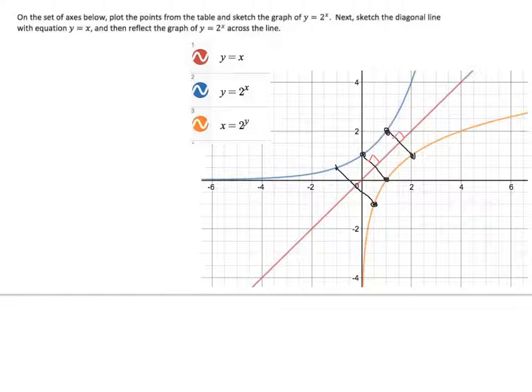You could graph this whole line all by yourself if you just found points on one graph, drew perpendicular lines through, and found the points on the other line. Cool? So that's how your line of reflection is made. Or you can switch the x and y's and solve for x.